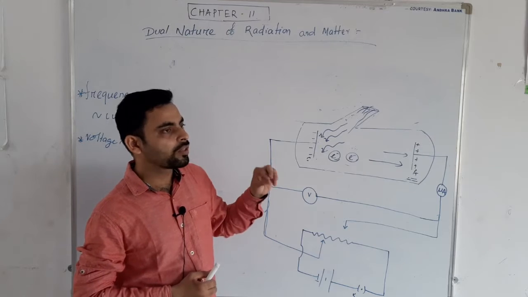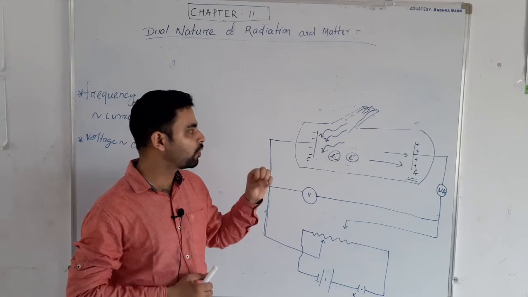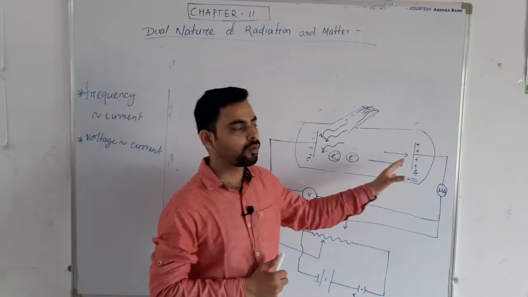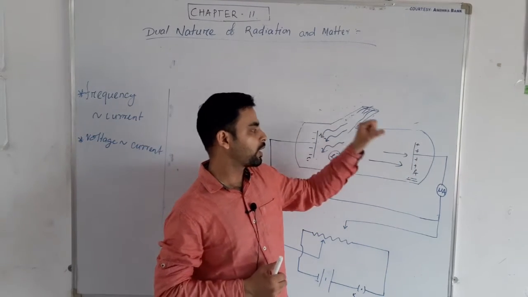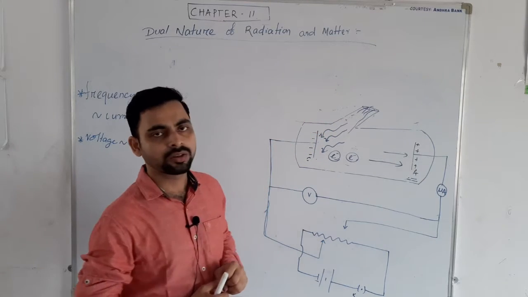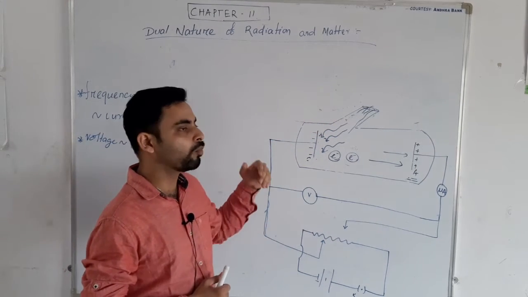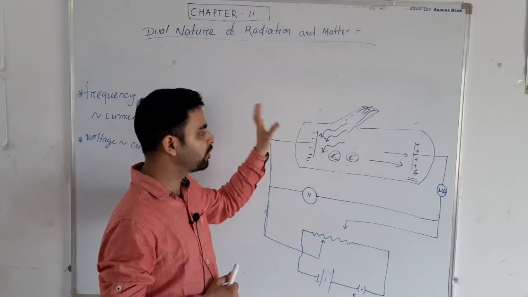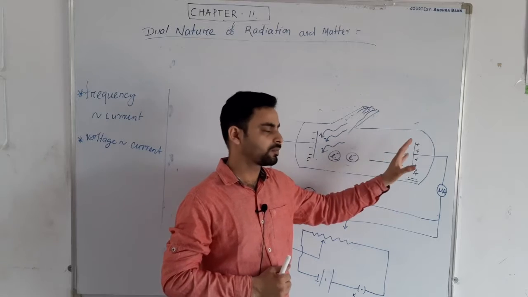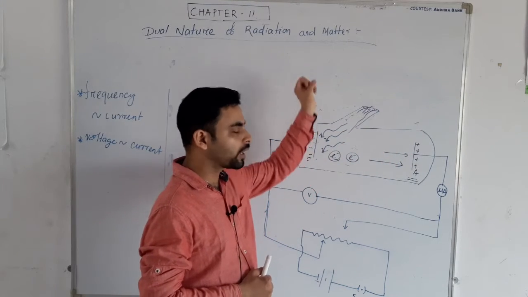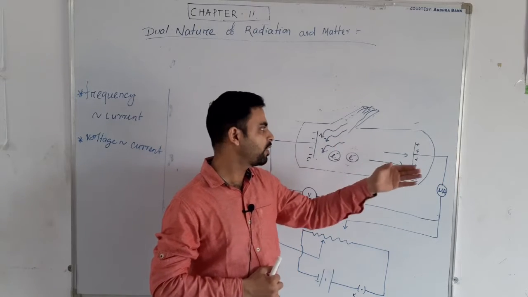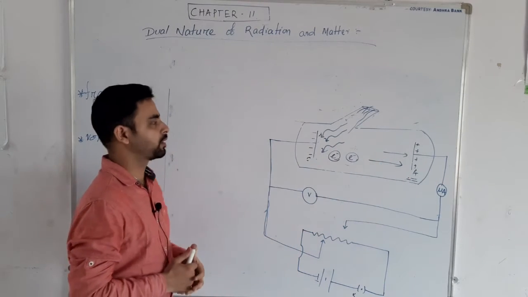To initiate emission of electrons, to initiate current, threshold frequency is required. And the second thing we studied is that after the flow of electrons has started, the current value depends on intensity. The more the intensity, the more the current.